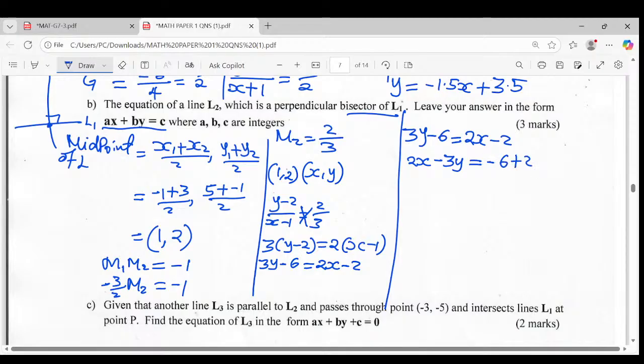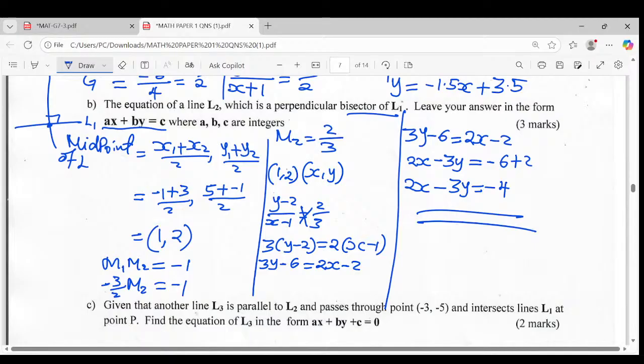So this is now going to be 2x minus 3y is equivalent to -4. So that is your final answer in that question.